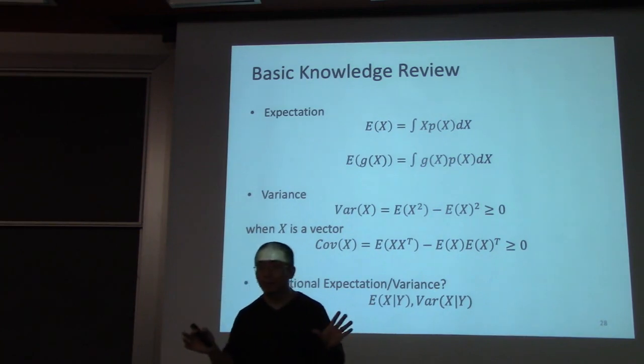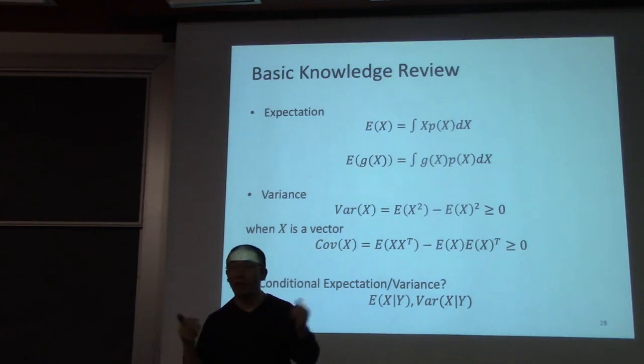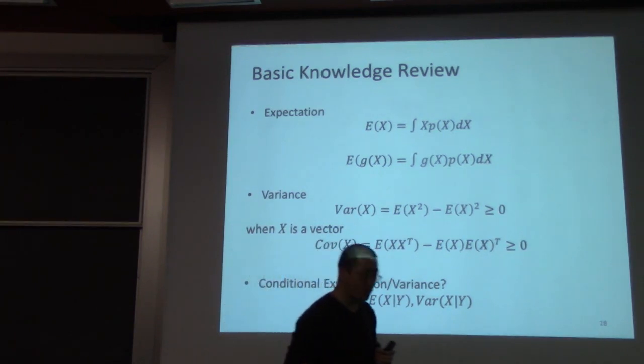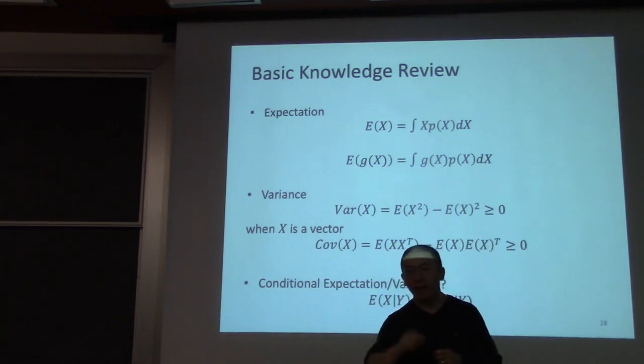For any vector x, if your matrix, for example the matrix A, is positive semi-definite, that means x transpose Ax is always non-negative. Do I need to write it on the board? This is a scalar, right? If you have an n by n matrix A and an n by 1 vector x, x transpose Ax is a scalar.